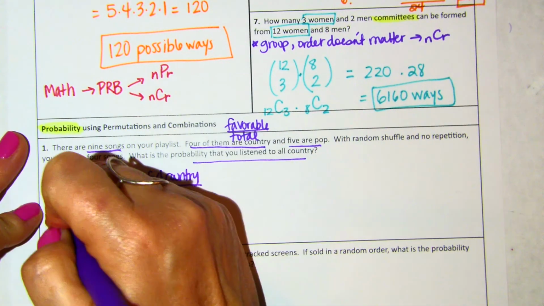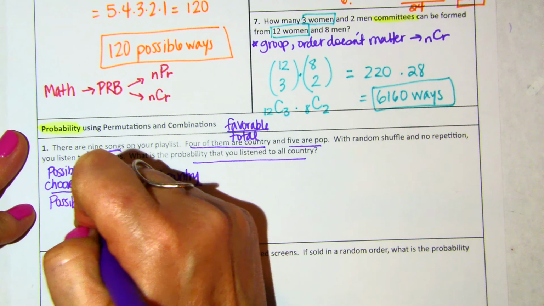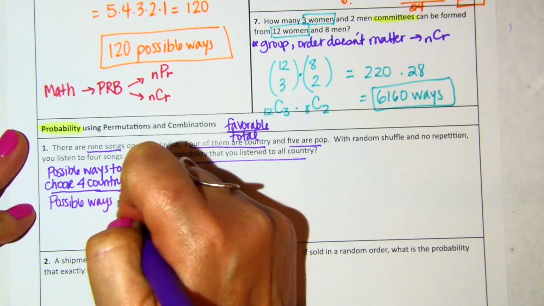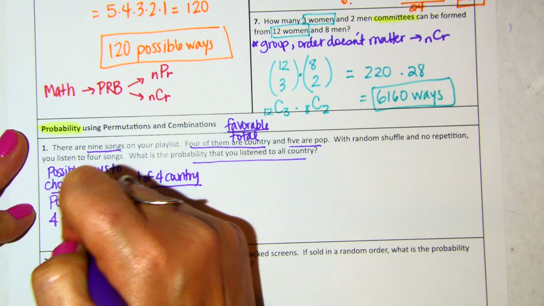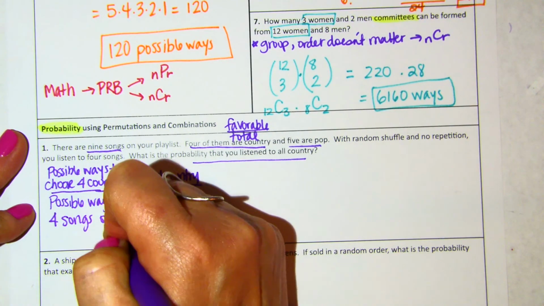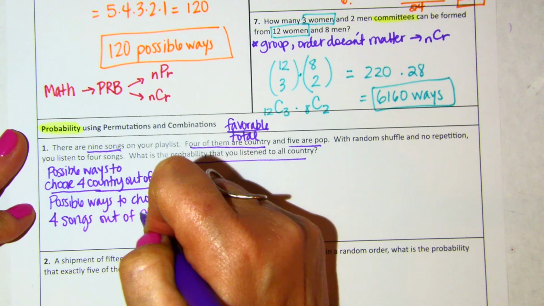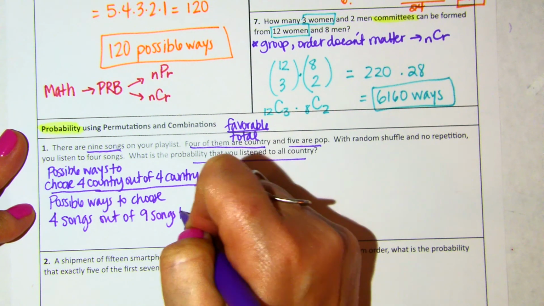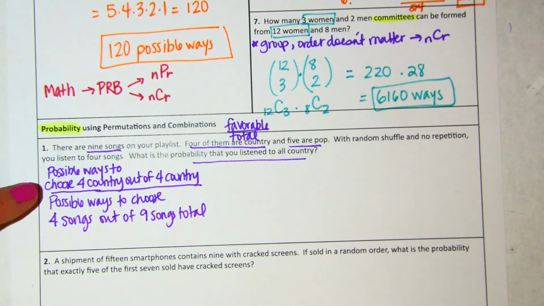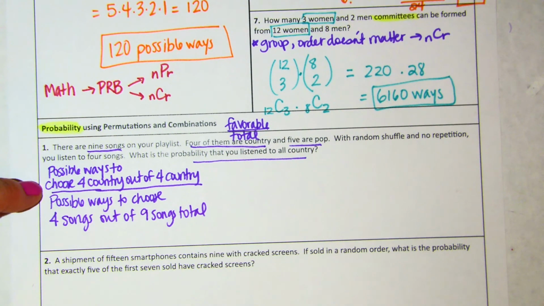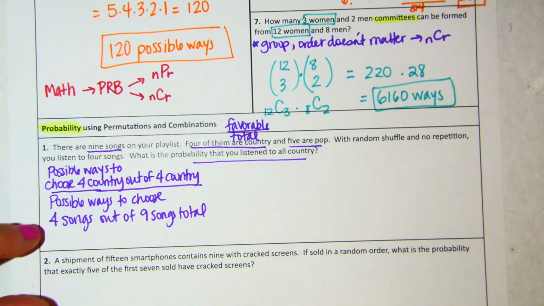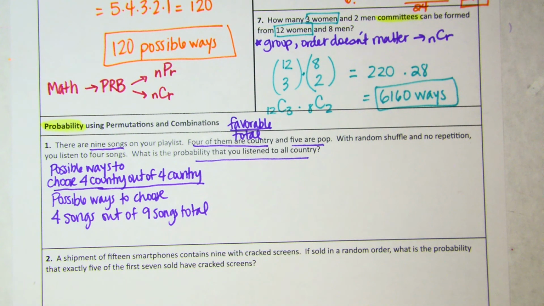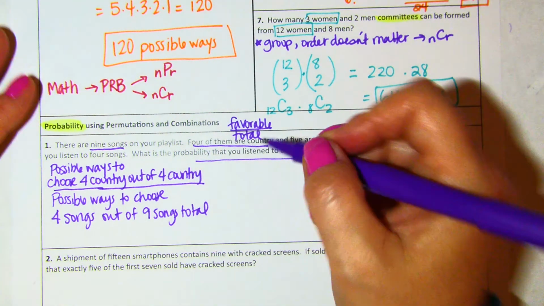And then on the bottom, you're going to want the possible ways to choose 4 songs out of 9 songs total. Okay, so the favorable is that all of them are country. So you have 4 country songs, the number of ways that you can pick all of them. And then on the bottom, it's how many ways you can pick 4 songs out of all 9.